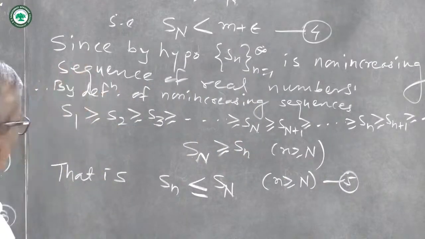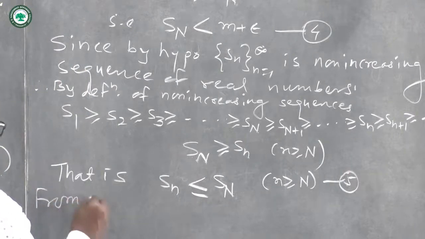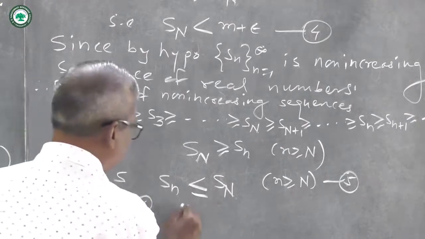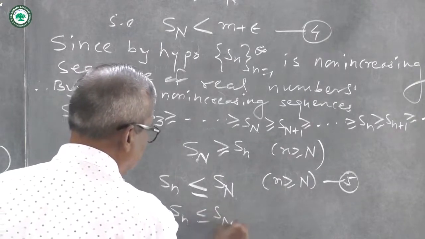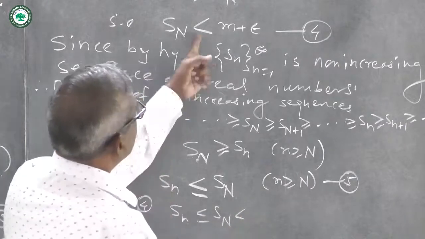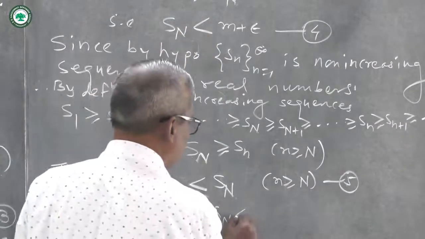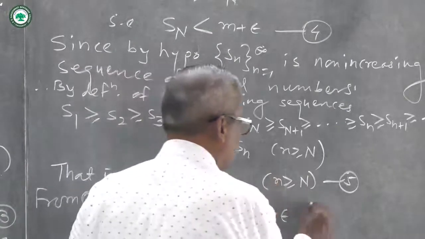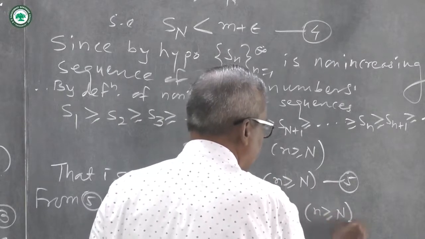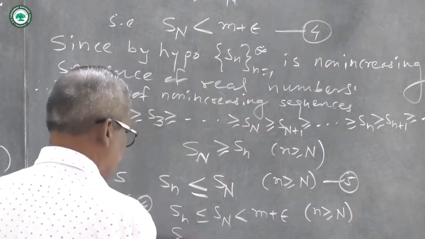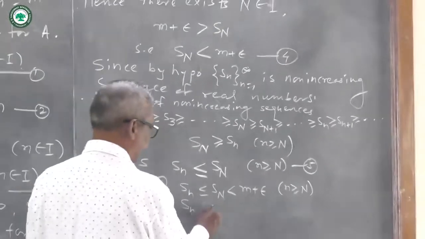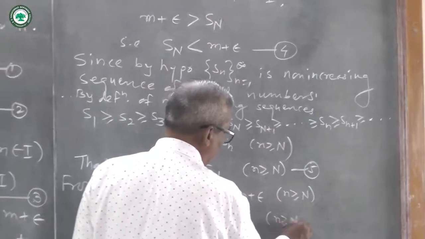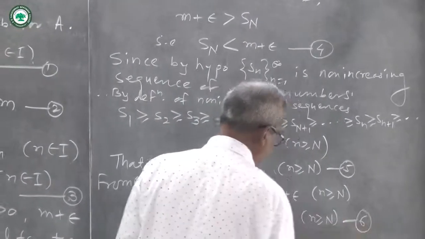From 5 and 4, we write Sn less than or equal to S suffix capital N, and S suffix capital N is strictly less than small m plus epsilon, and this is true for every small n greater than or equal to capital N. That is, Sn is less than m plus epsilon for all n greater than or equal to capital N. This is 6.